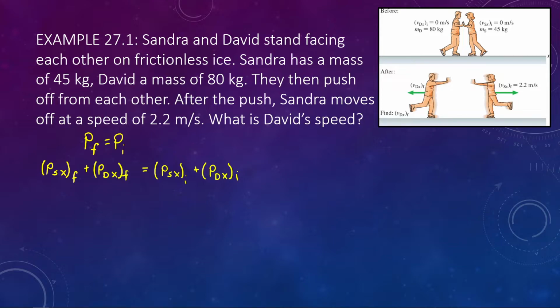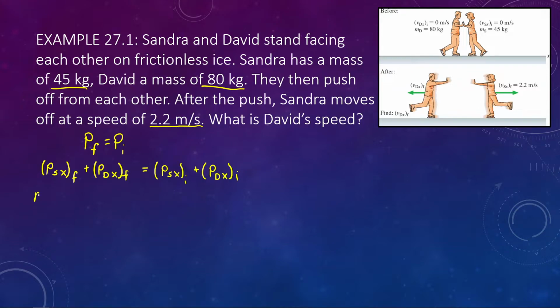They're only moving horizontally, so we don't have to worry about the y equation here, which is always nice. Okay, well, if the equation wasn't long enough as is, keep in mind we aren't given momentum anywhere in this. We're just told the mass of each person and the speed of one of them. So we don't know the momentums. So we have to make this equation even longer by writing m times v for each of the momentums.